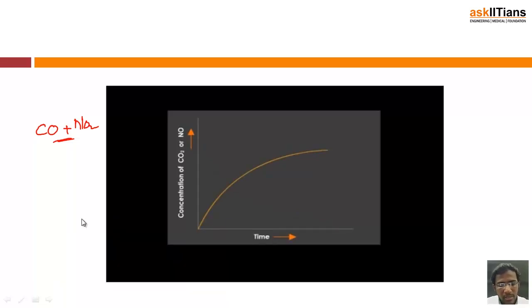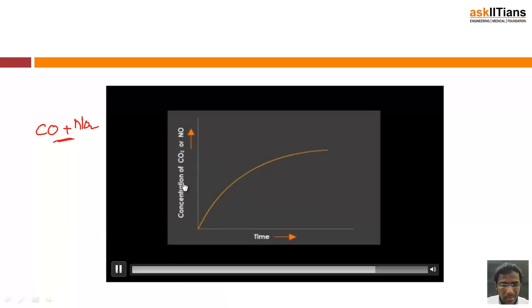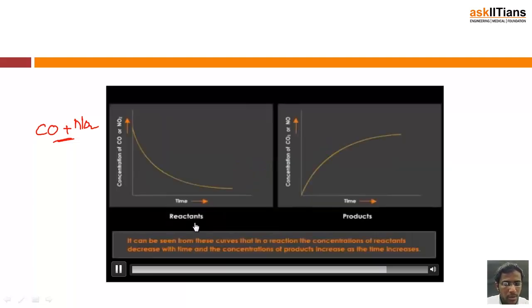And similarly, the concentration of the products will increase. This is the concentration of the products. Initially the concentration of products was 0, but now it is increasing. So this graph shows the concentration of the reactants with time and the concentration of the products with time. You can see one is decreasing exponentially and the other is increasing exponentially.